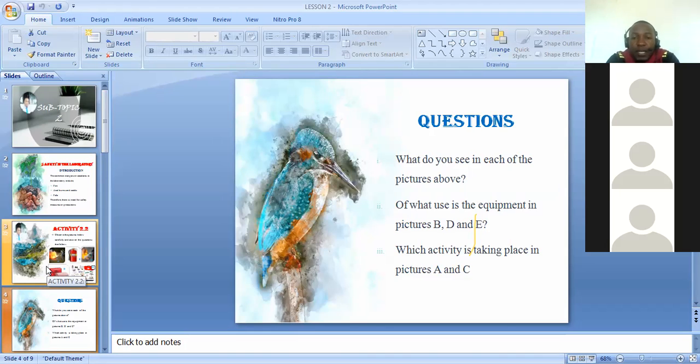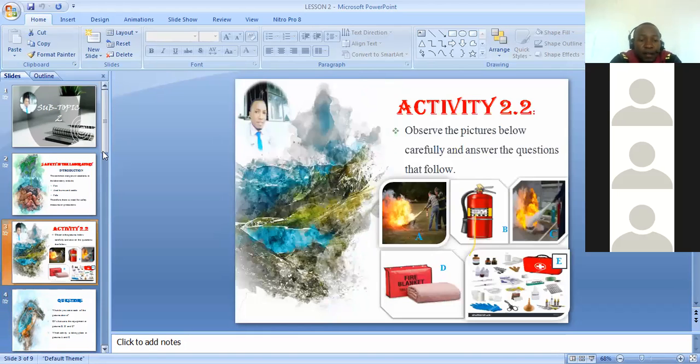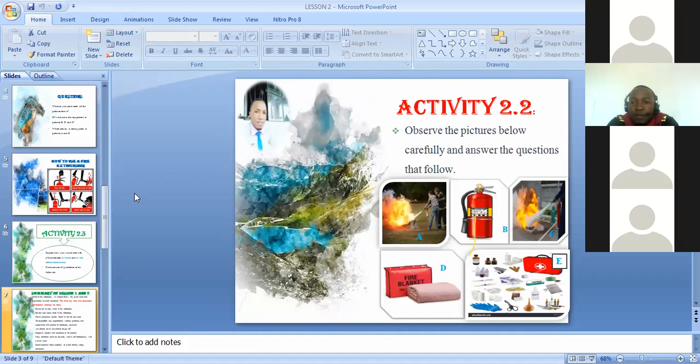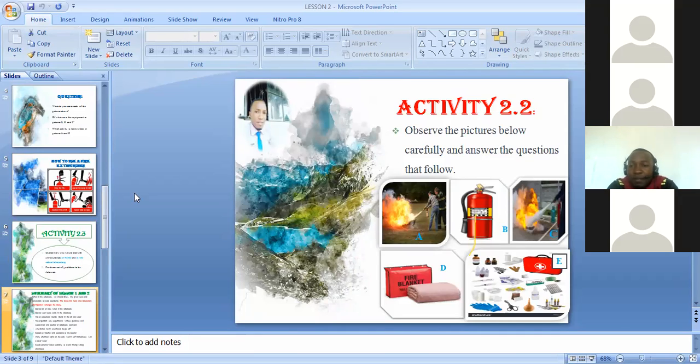Okay, so which activity is taking place in picture A and C? I'm taking you back to the pictures. We are there. So let us come up with activities taking place in picture A and C.